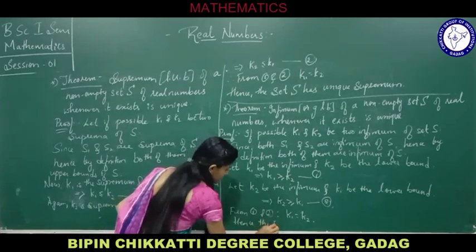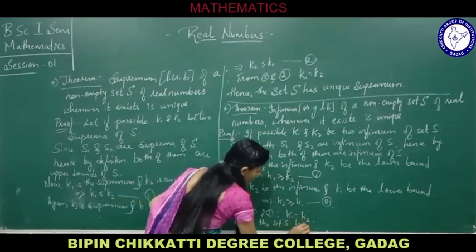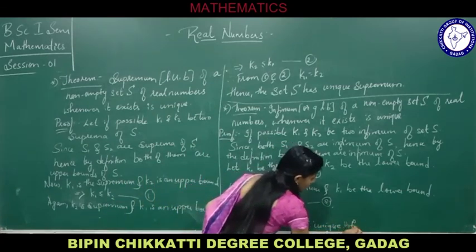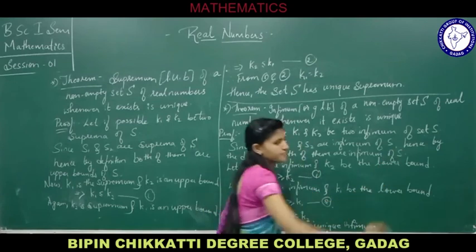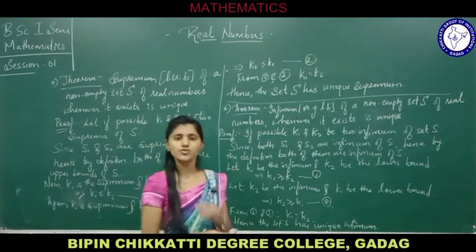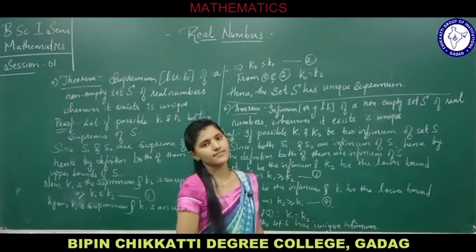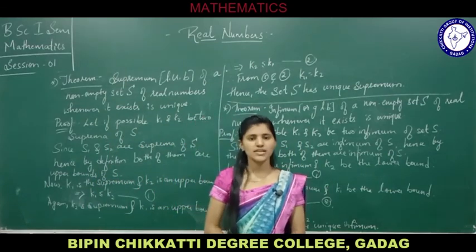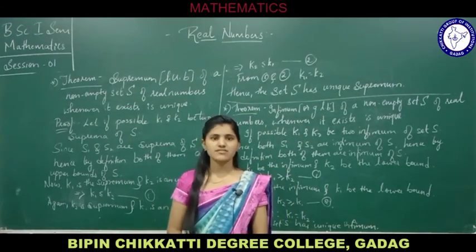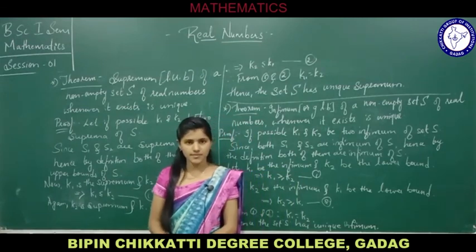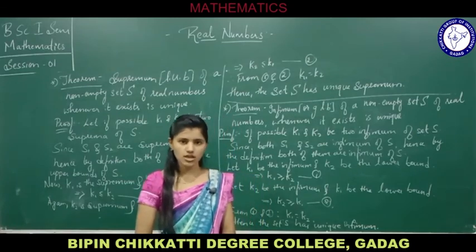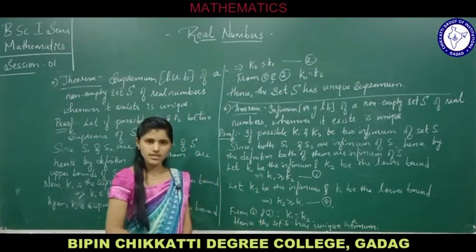Hence the set S has a unique infimum. So we proved these two theorems: the set S having a unique supremum and the set S having a unique infimum. Students, in this session we have studied natural numbers and their properties, integers, rational numbers and real numbers.